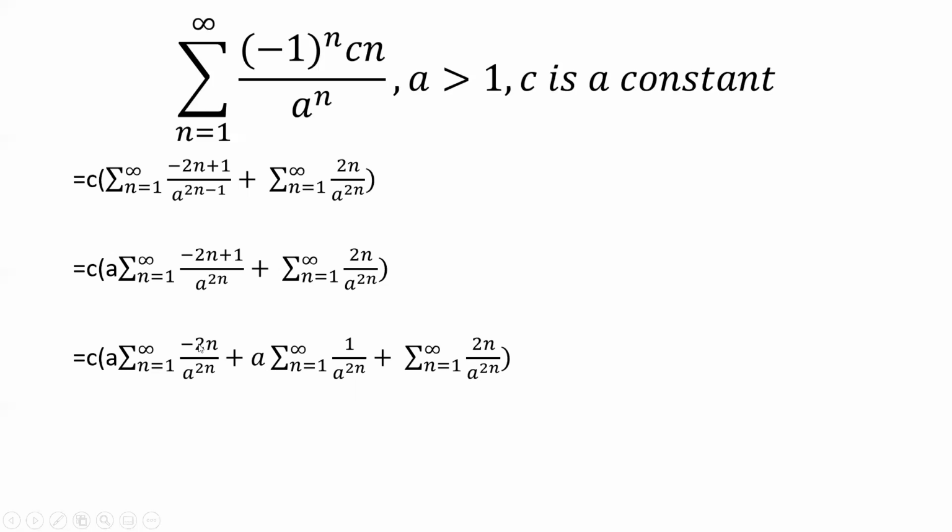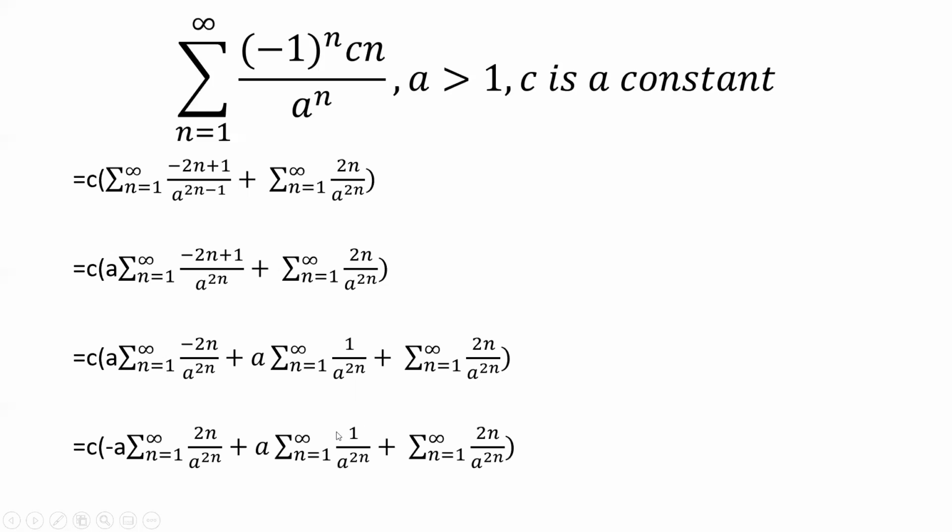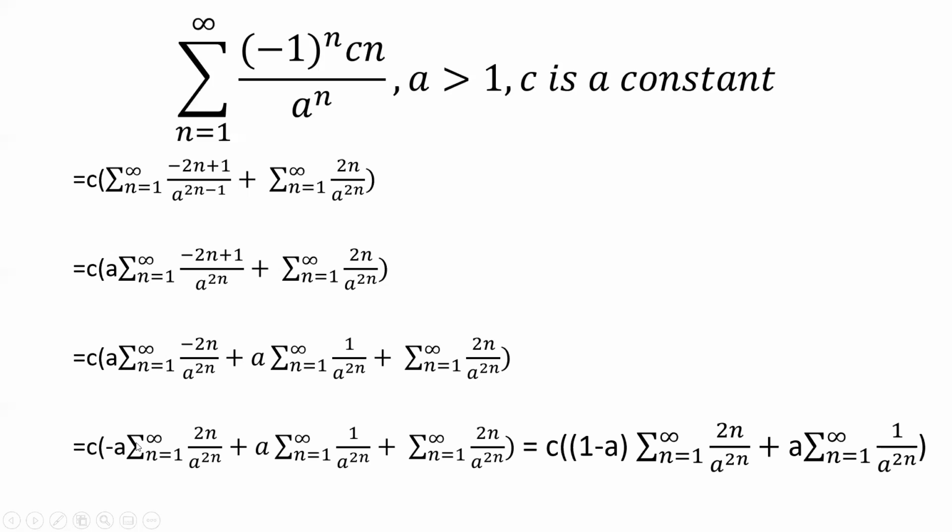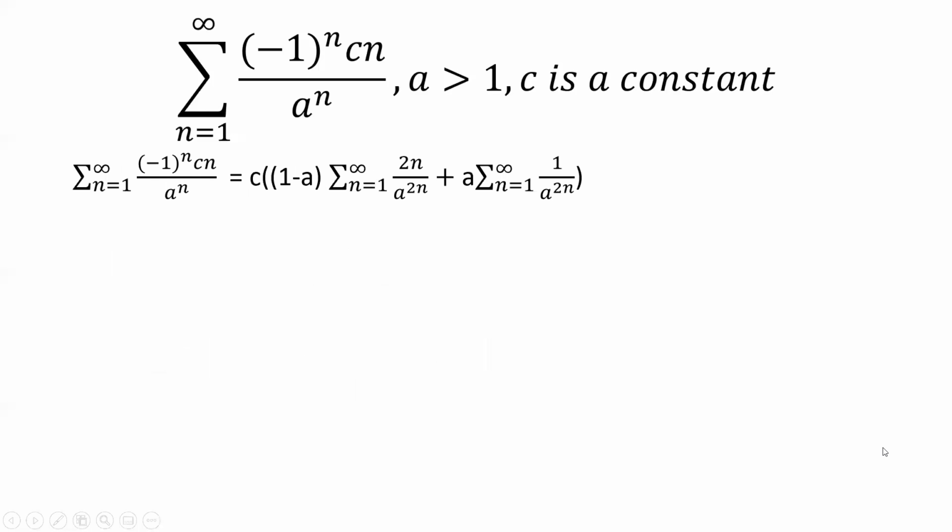If I bring that negative out front, I'll then have two identical summations, allowing me to combine these first and last summations. So I have c times all of 1 minus a of the summation 2n over a to the 2n, plus a times the summation of 1 over a to the 2n. And so that original alternating series is able to be rewritten in this expression.